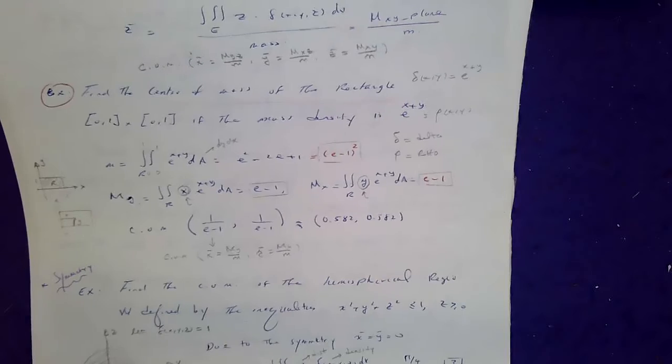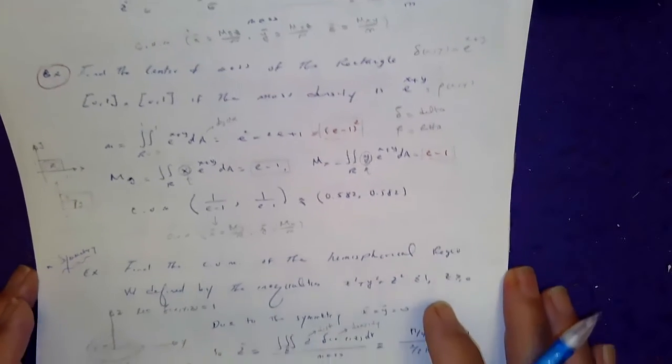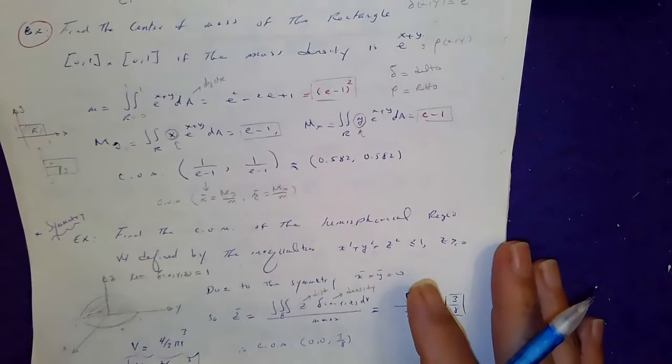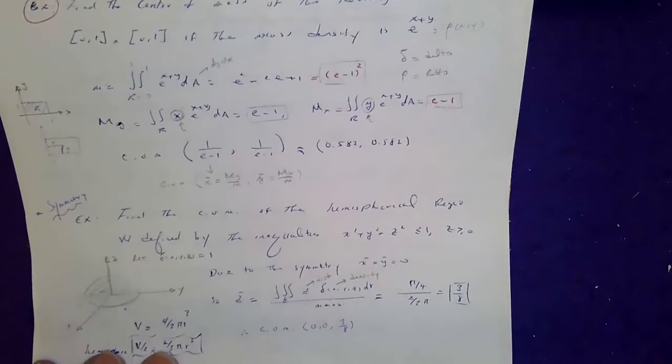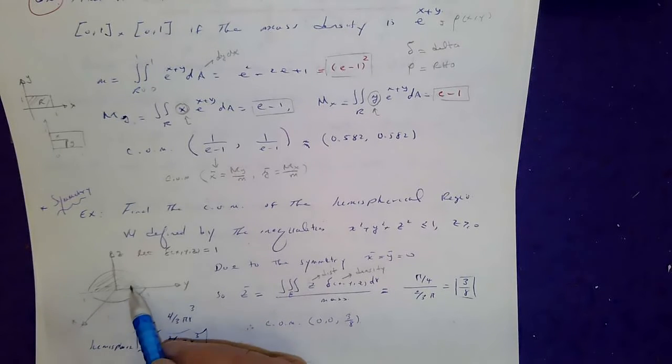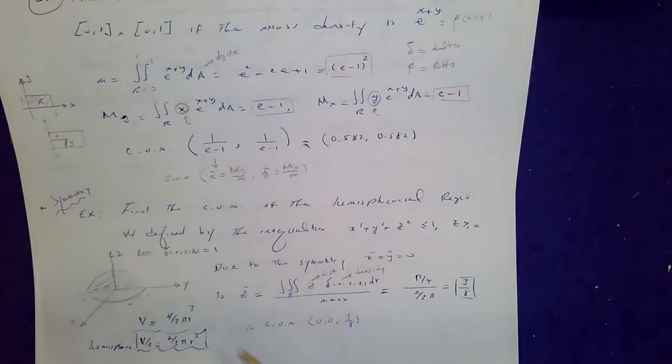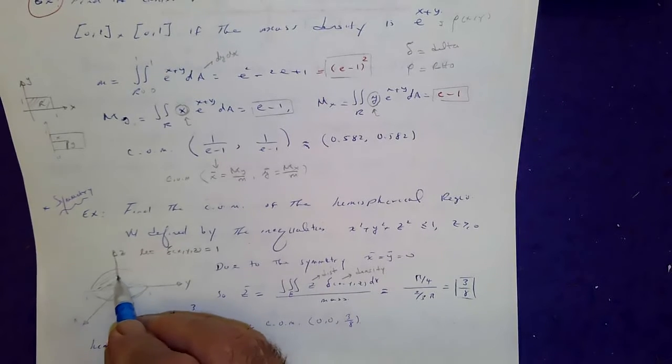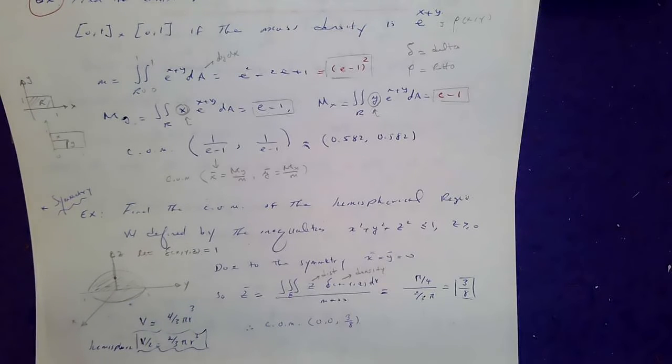Sometimes, due to the nature of the region or solid, you can tell by common sense where the center of mass should be located. You don't really have to know calculus in order to tell where exactly the center of mass is. For instance, the center of mass of this hemisphere has to be somewhere along the z-axis due to the symmetry, correct?